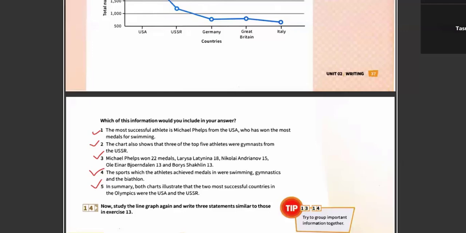Exactly. Very good answer, good choice, and the correct choice actually. One, two, and five should be included in the answer because the most important part of writing a paragraph or an answer based on a diagram is that whatever data or information you are seeing in the diagram, you have to write it on your own. You have to paraphrase it, interpret it by yourself, and then write it.